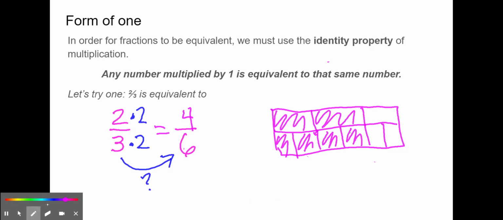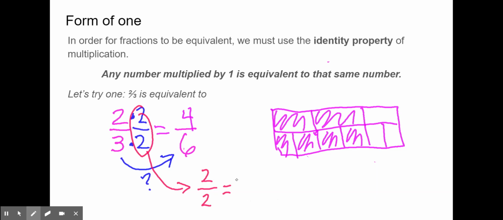That is true. We call this 2/2 our form of 1 because 2 divided by 2 is equal to 1. And if we multiply any number by 1, it's equivalent to that same number. So whenever you're converting to equivalent fractions, make sure you're multiplying the numerator also.